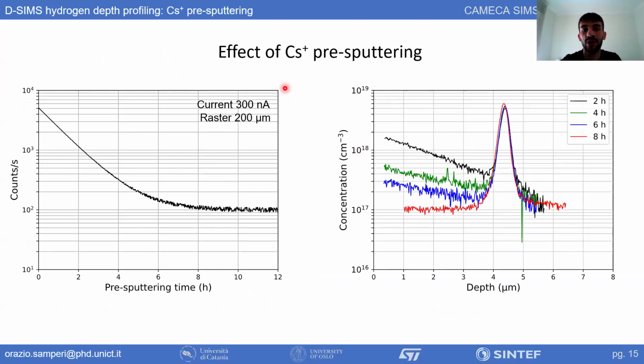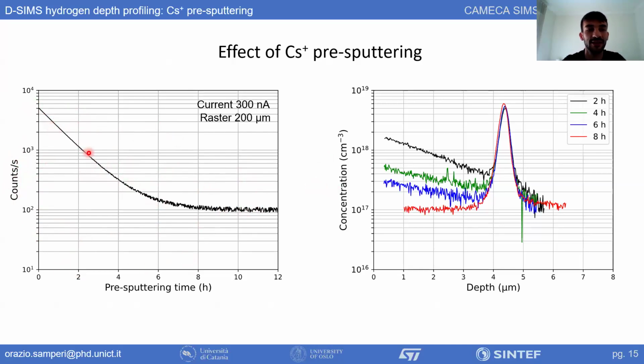Here I'm showing again the same story, the effect of presputtering, but these are my measurements. On the left, you can see the signal of hydrogen. It's the bare signal, the counts per second, against the presputtering time.